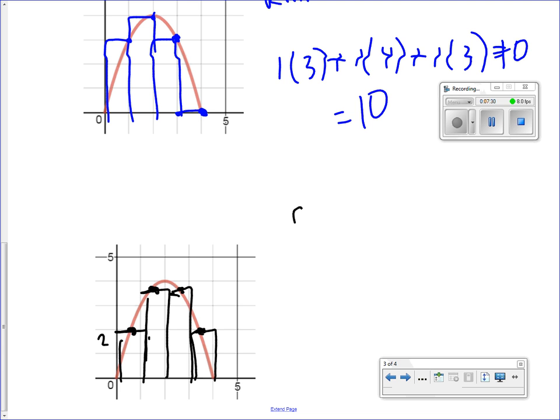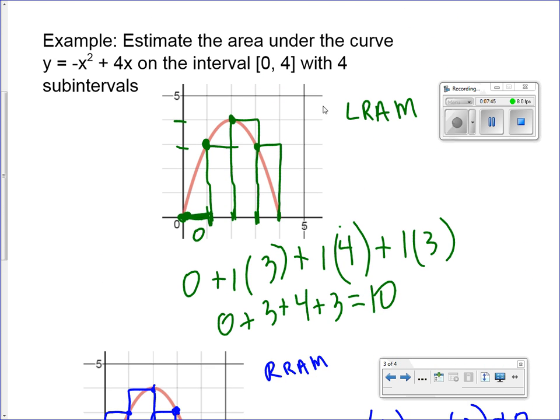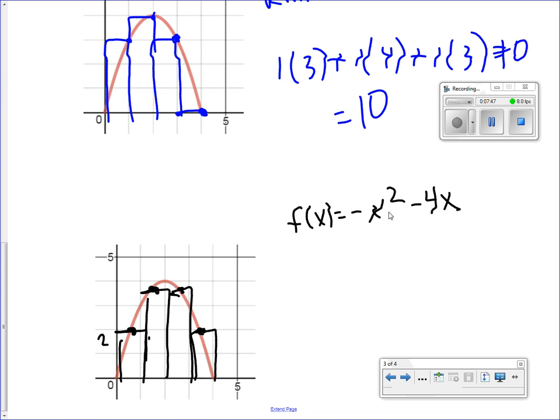I know that my function is negative x squared and then minus 4x. I just want to check to make sure I copied that correctly. Yeah, it's plus 4x. So negative x squared plus 4x is my function. Okay. Now this midpoint happens when x is 0.5 or 1/2.